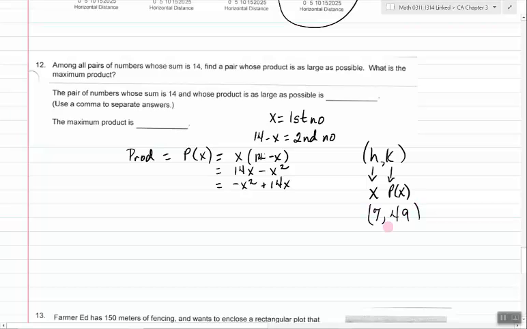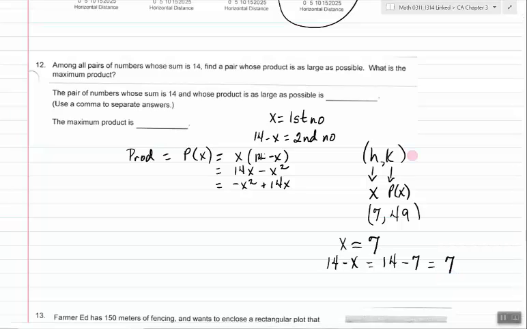Now those are not the two numbers. It is the number x and the product. So x is 7. Then you can do this. 14 minus x is 14 minus 7, which is 7. The two numbers are 7 and 7.